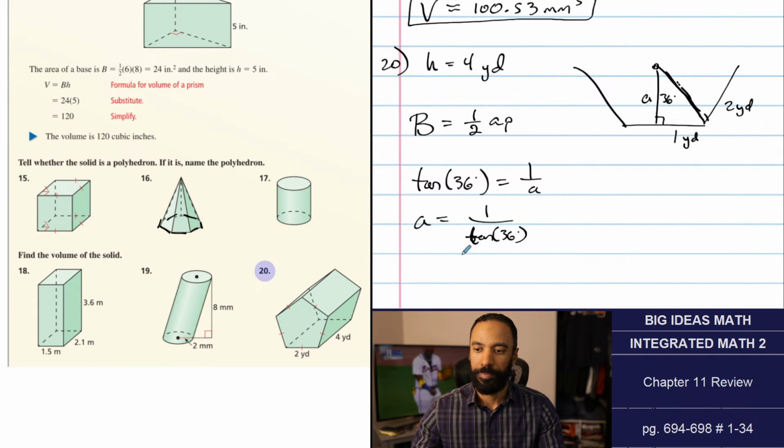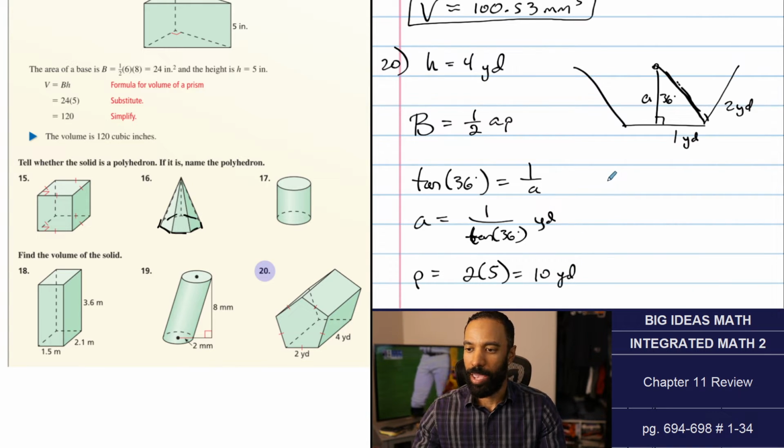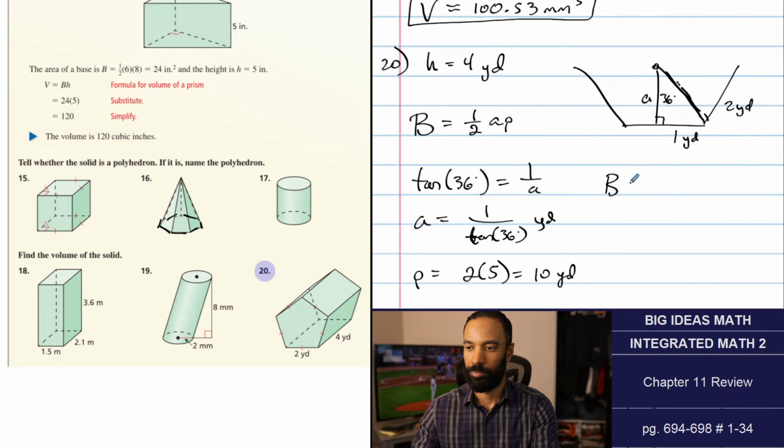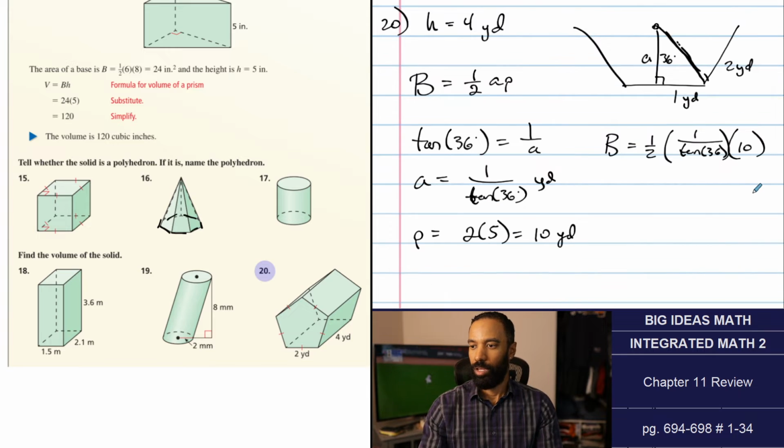We got a perimeter of 2 times 5, a pentagon with side lengths of 2 yards each. Oh, this is in yards. So the area of the base being 1/2 apothem times perimeter. Let's clean that up.